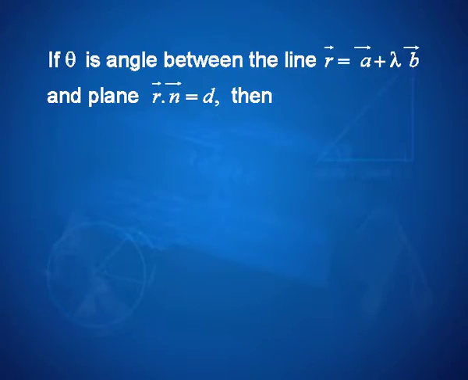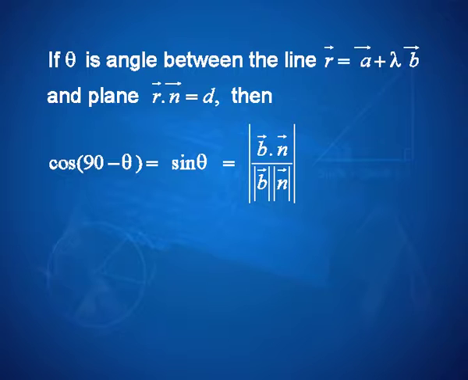Therefore, if theta is the angle between the line whose equation is vector r equals vector a plus lambda times vector b, and the plane whose equation is vector r dot vector n equals d, then you will see that we are interested not in cos theta, but in cos of 90 minus theta, which is nothing but sin theta.